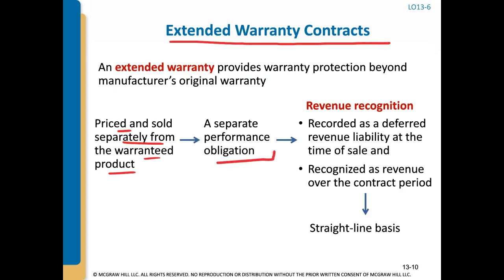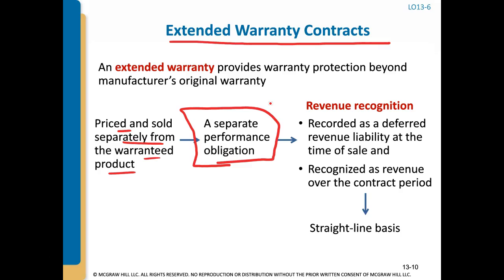And because it's separate from the actual product, a separate performance obligation has occurred, and you need to have a performance obligation in order to recognize revenue. So for that extended warranty, we get the cash. Let's say you buy that extended warranty for the car and it's for 3 years.